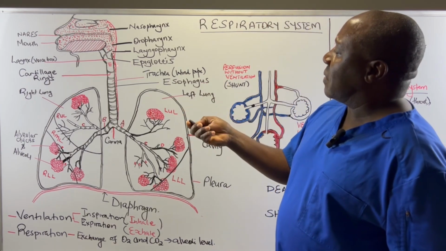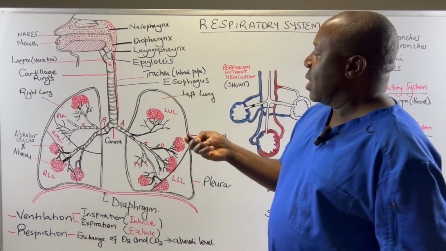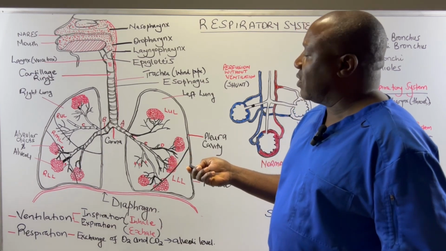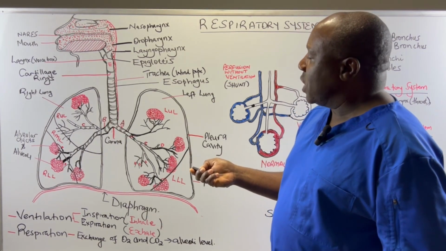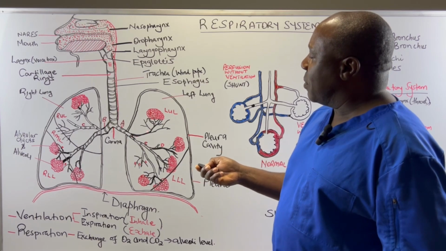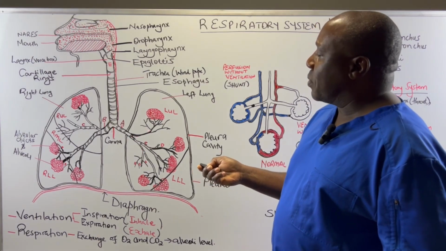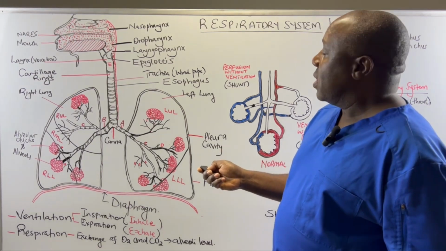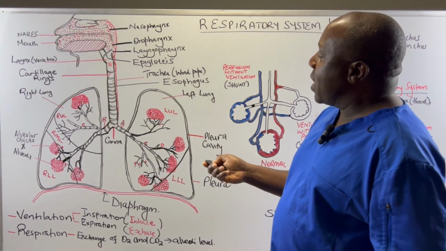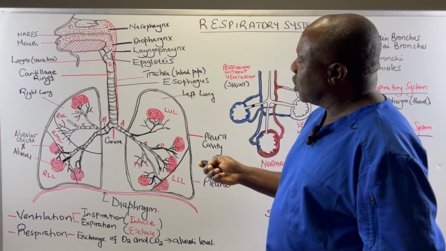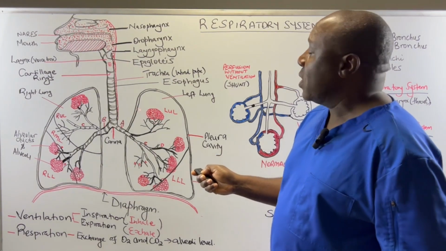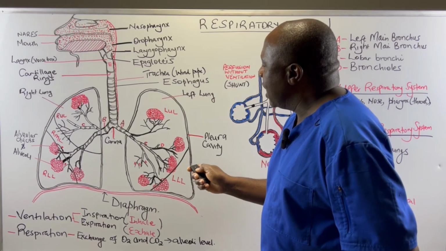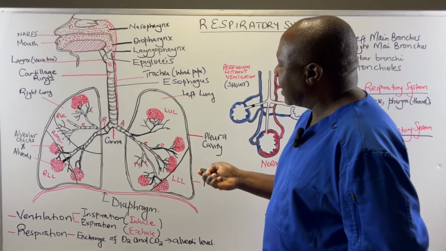So remember this: we have the trachea, then the right and left main bronchi, which divide into the bronchioles, and the bronchioles divide into the terminal bronchioles. Then from the terminal bronchioles, we have the respiratory bronchioles, which divide into the alveolar ducts, which enter into the alveolar sacs.